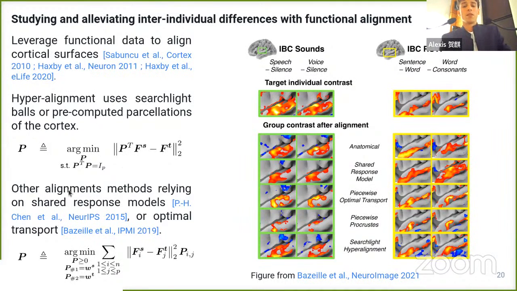Other people have followed this endeavor with different kinds of optimization models. We can think of shared response models, but also optimal transport being used to align between brains. However, and we can cite the work of Thomas Bazet and colleagues, who have benchmarked all of these methods, it's not clear at this stage what method works best.